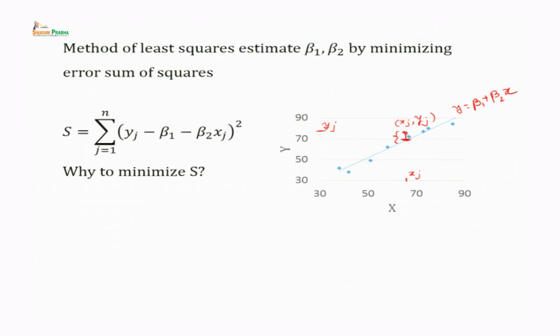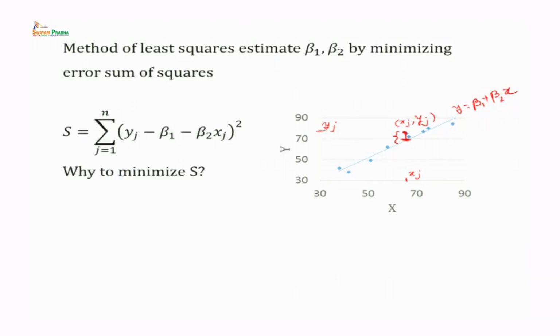We are not taking the perpendicular distance. Why do we prefer this distance parallel to the y axis? Remember that when you are running regression between y and x, your main focus is predicting the value of y on the basis of x. So, you will prefer to minimize the prediction error for y.